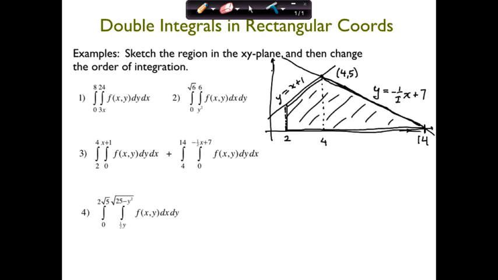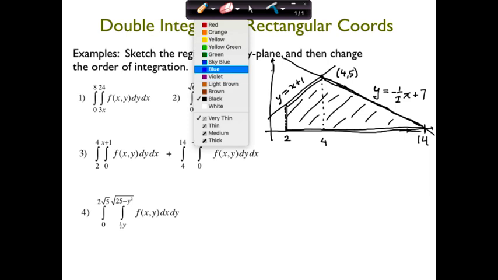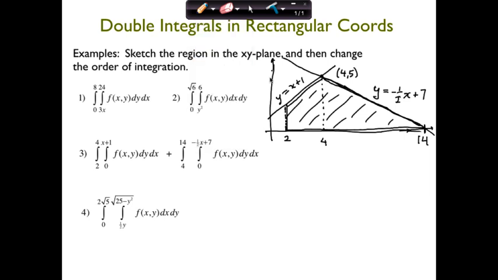Split it up into 2 integrals. Can we do 1 or 2? Do we need 2? So going left to right, does either the left side or the right side require us to split it up? The left side requires that we split it up.